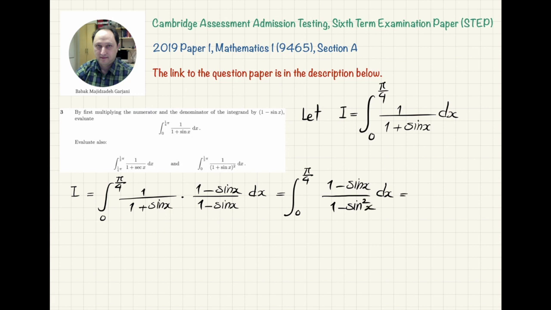But 1 minus sine squared x is just cosine to the power of 2 x. So I can write the integral from 0 to pi over 4 of 1 minus sine x, divided by cosine squared x, dx.